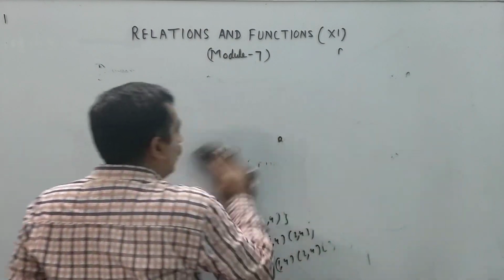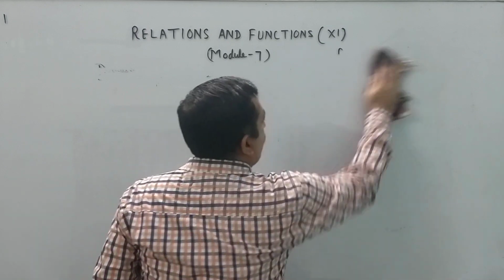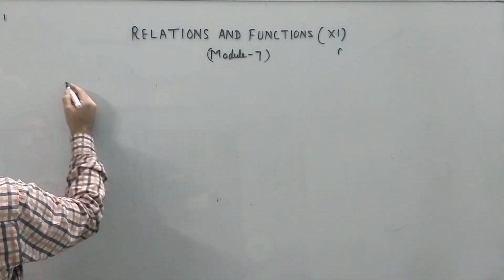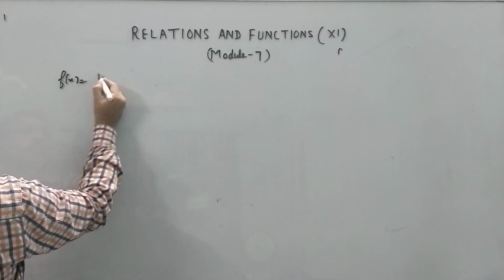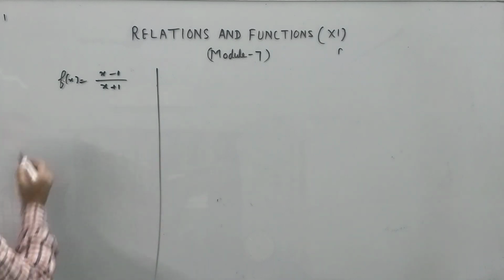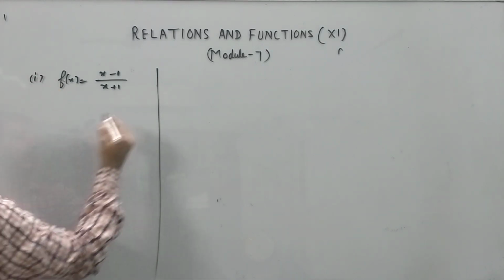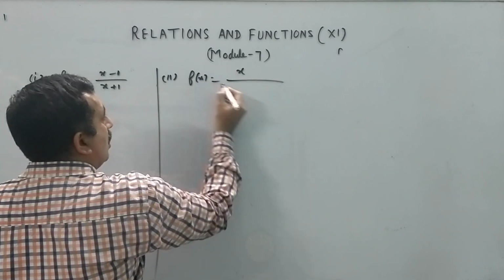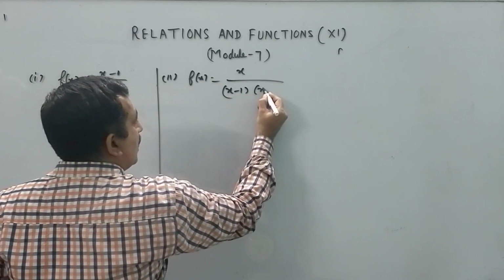In this module, we are to find out domain of different functions. Suppose function is f(x) equal to (x minus 1)/(x plus 1). Suppose the second part, f(x) is x/((x minus 1)(x plus 2)).